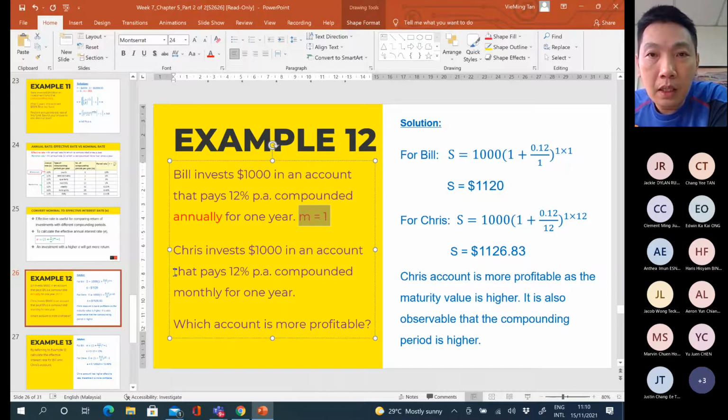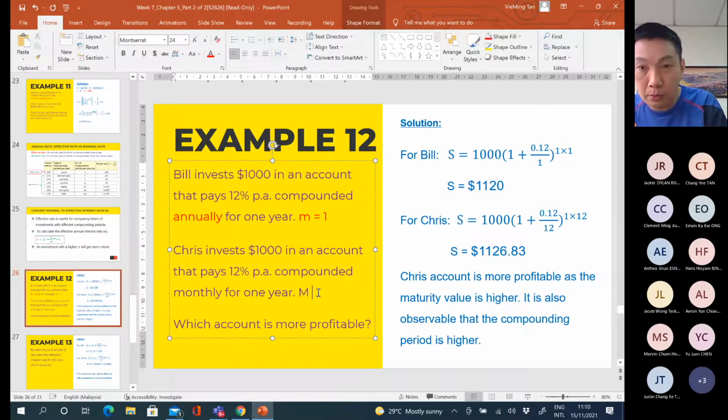Another person is called Chris. He invests 1,000 also, the same principal, in an account that pays 12% interest rate per annum, compounded monthly for 1 year. So for Chris, M is monthly, which means 12, because of the word monthly.